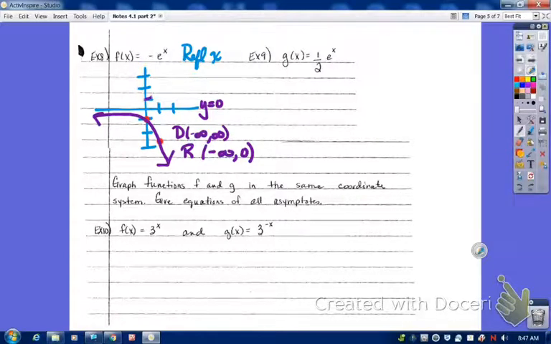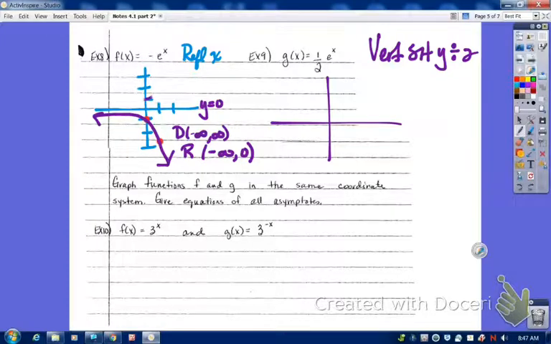Example 9 is a vertical shrink. So that means that we're dividing our y's by 2. If that would have been a 2, then we would be multiplying our y's by 2. Again, we're not going to move the graph up or down. I'm going to make my little marks a little bit wider so we can kind of see what's going on.